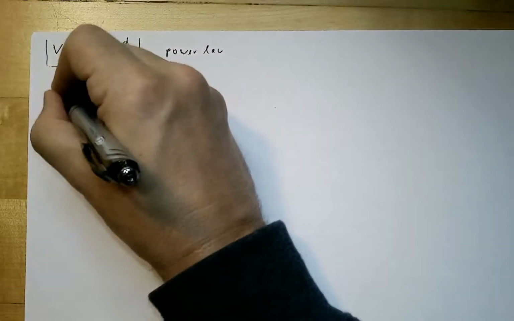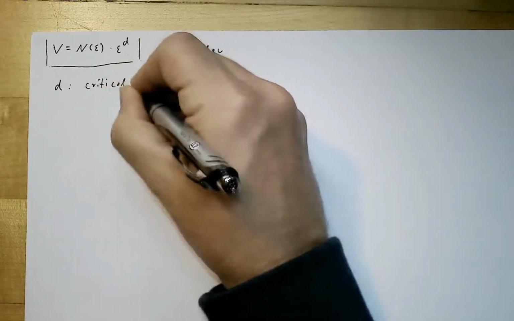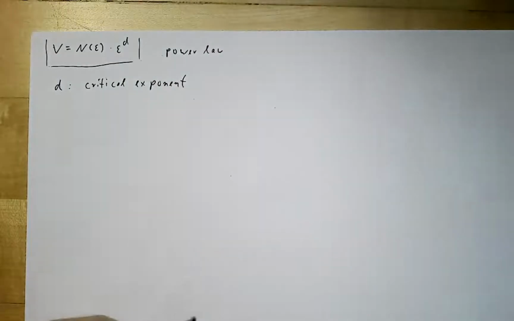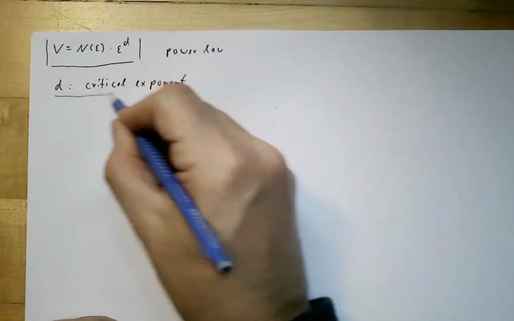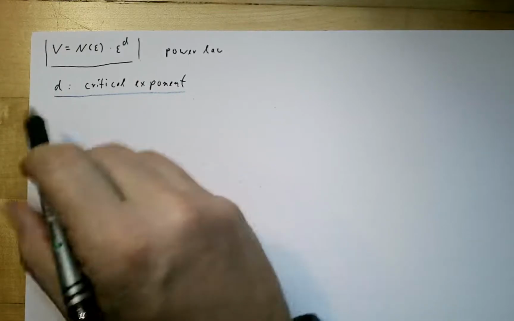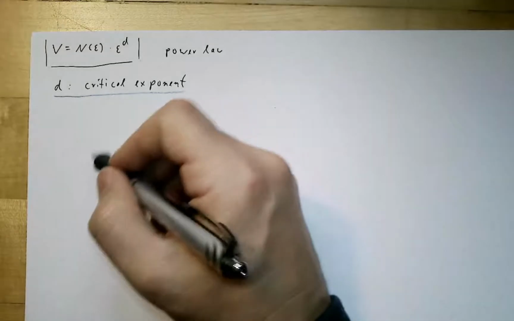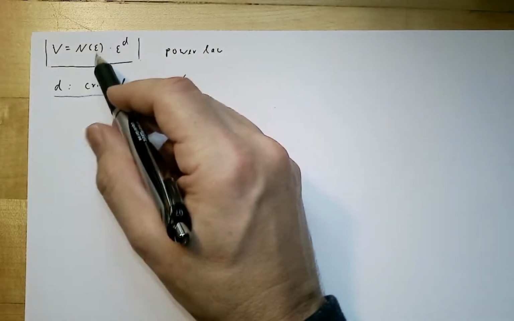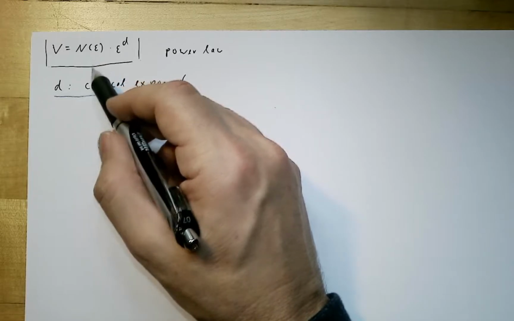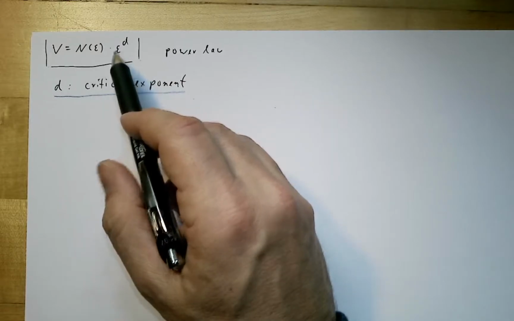And then our dimension d is just the critical exponent. And now we have the relation to the previous parts of our lecture when we looked at power laws and scaling. Now we see, okay, a dimension is just a critical exponent. And now we know how to extract the exponent from a power law.